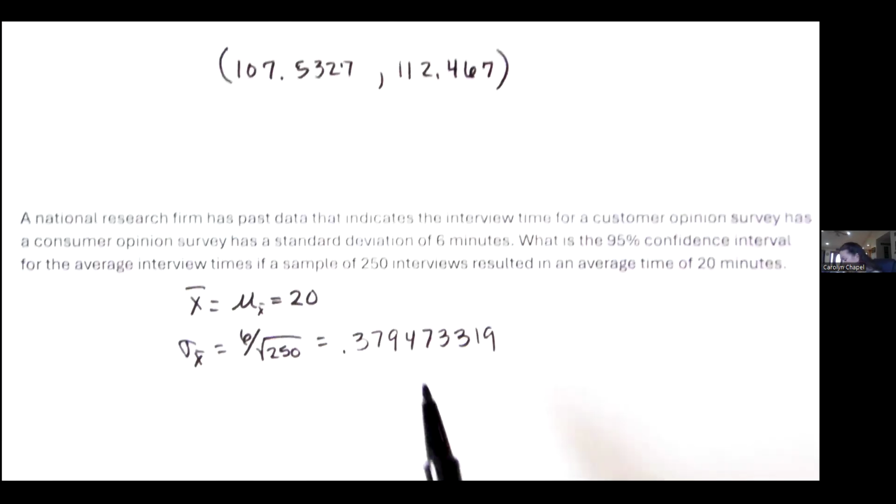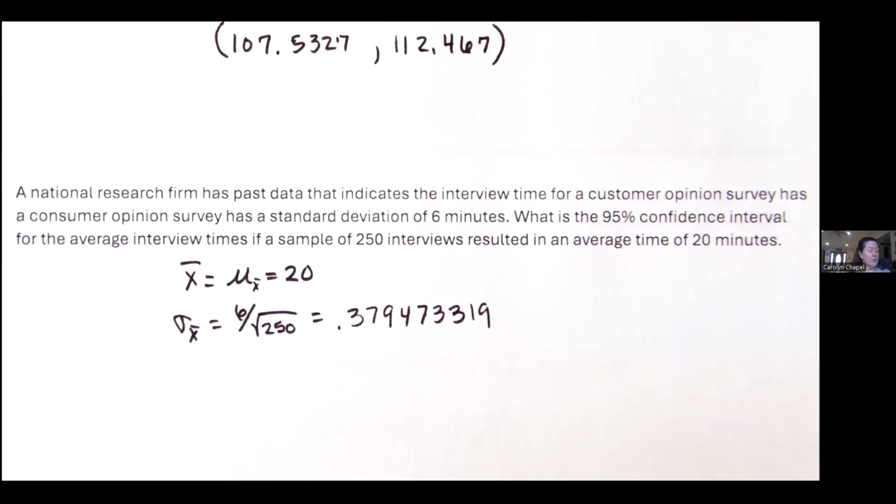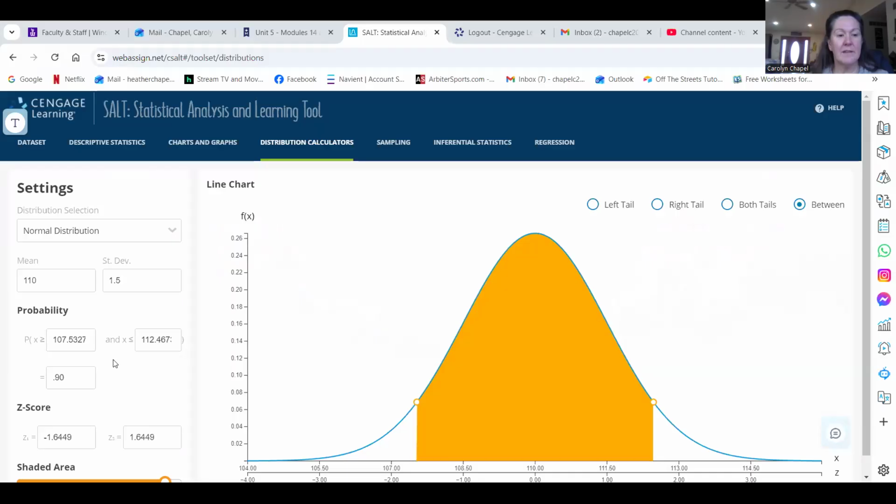I don't need the Z star because I will be entering the 95% into SALT, which will then generate the Z star and do all the work in a matter of seconds, which is kind of nice. It does it all for me, but you still have to realize what we're putting in. So we have to put in the mean, which was our 20, that X bar that we calculated.